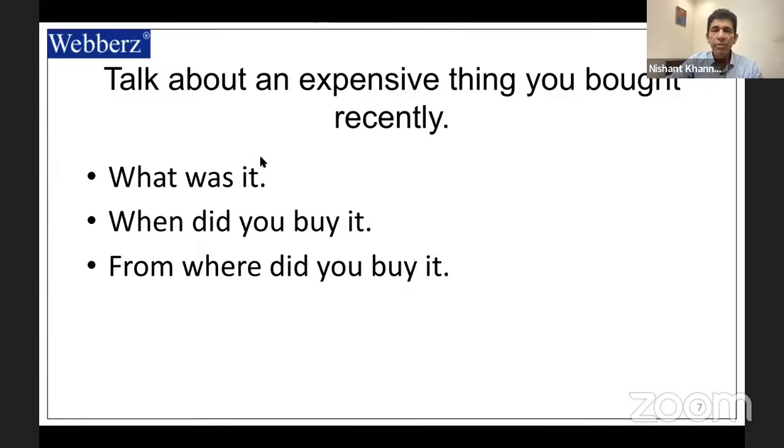So let me see. I can say I bought an iPhone. You can say that I bought an iPhone 14. I think that's the latest one, right? When did you buy it? I can say I bought it last month. And from where did you buy it?